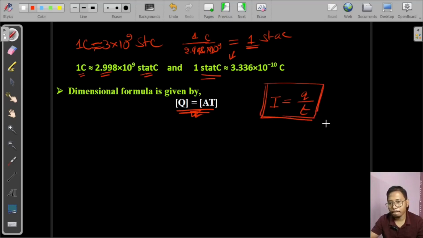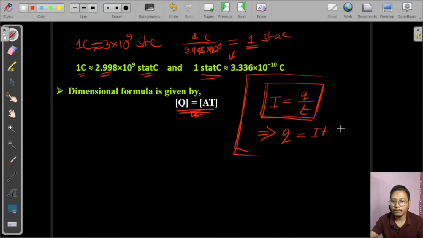You will get this relation in current electricity, and from here you get the charge in this way. This I is a physical quantity and the time is also a physical quantity. They are fundamental physical quantities, right?